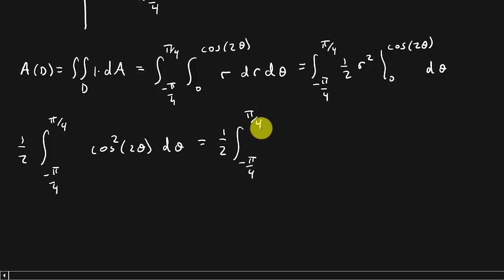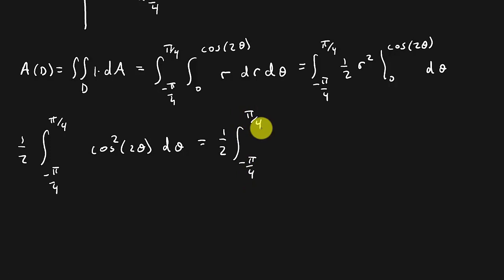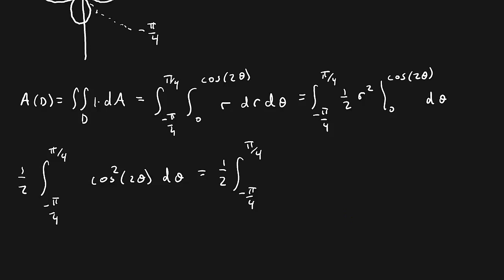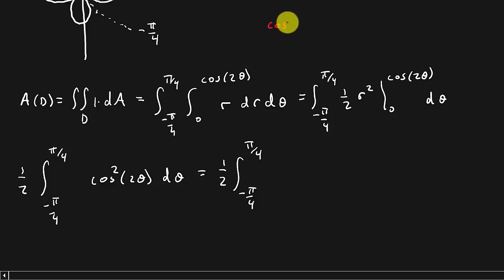Now, we did something like this earlier, but I think earlier we had sine squared. But here we've got cosine squared. And remember, cosine squared theta is equal to 1/2 times 1 plus cosine 2 theta.